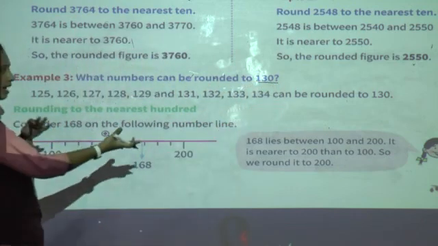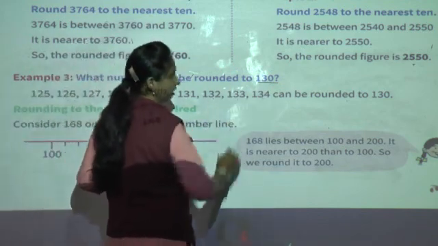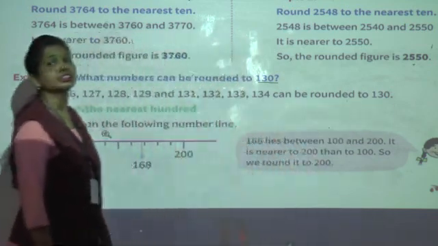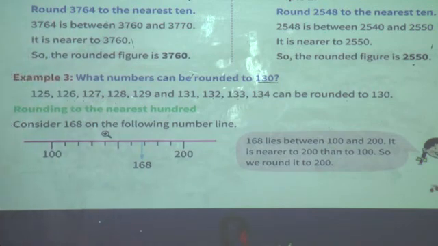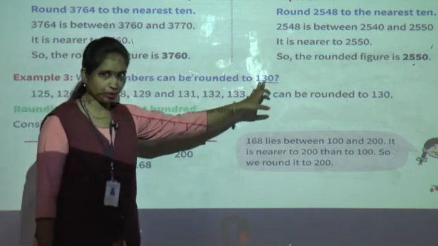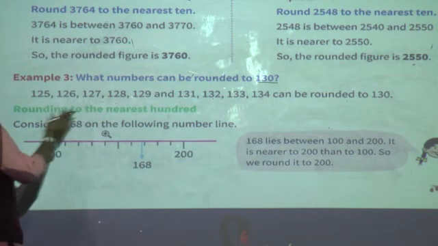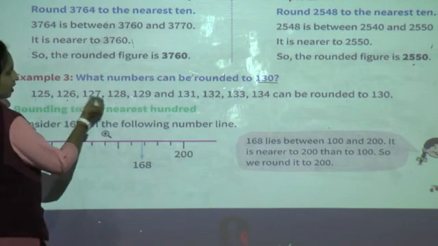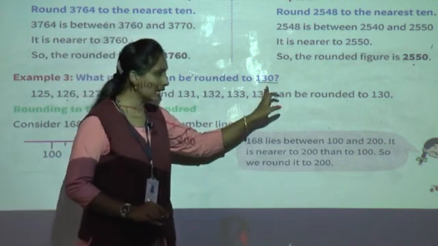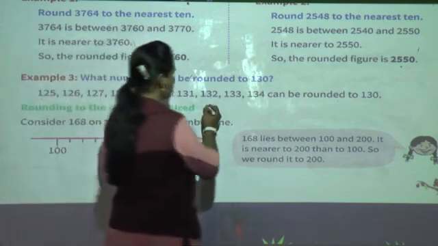And after 130 comes 131, 132, 133, 134. So these can be rounded to 130. Are you getting it? If they ask us to write what numbers can be rounded to 130, we have to take the numbers before, that is 125, 126, 127, 128, 129, and after that. Now I will show you how.